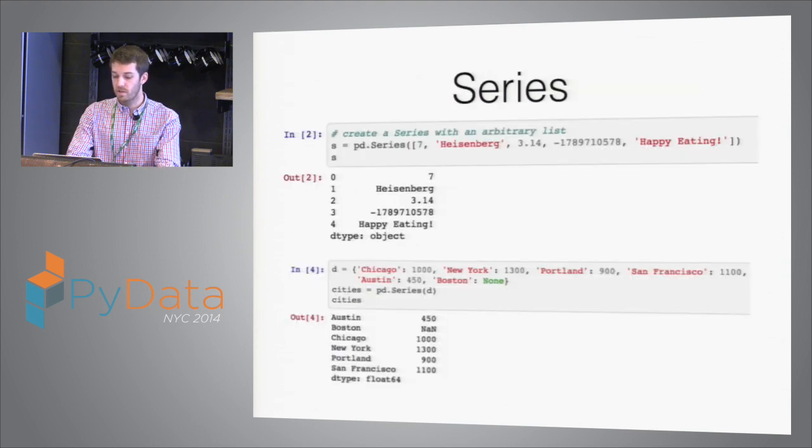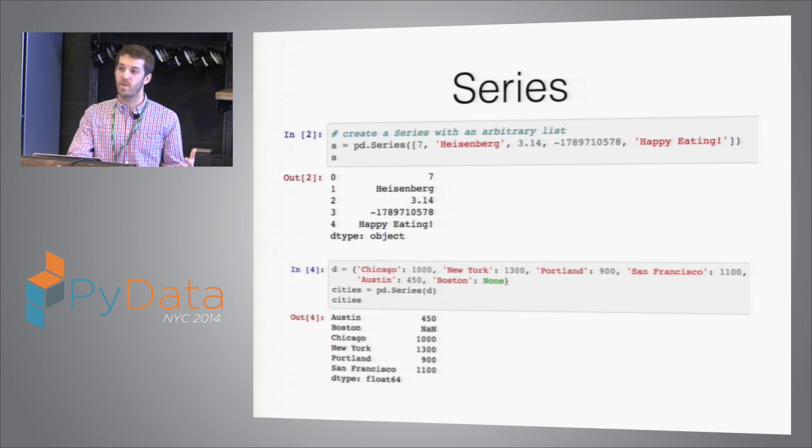So the first data structure is the series, which is a one-dimensional kind of structure. It's a heterogeneous object, and it's kind of like a list. So if you can see in this top line, we're creating a series by passing it a list: an integer, a string, a float, a large integer, and then another string. And we get this object with our values in a column.